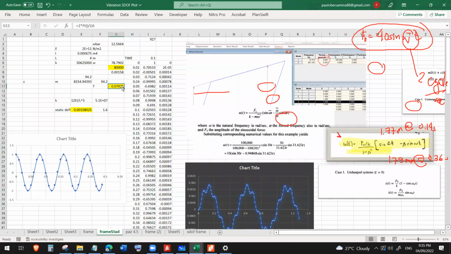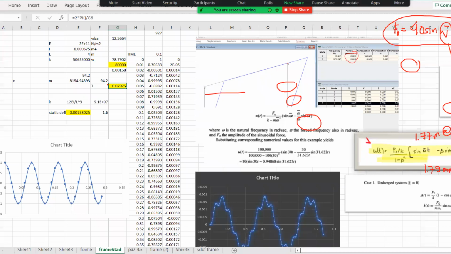Of course, we also have the same period of 0.08 second as we got in Staad, with a static deflection of 1.6, because we have this K and this force, so this over this is 1.6 millimeters.